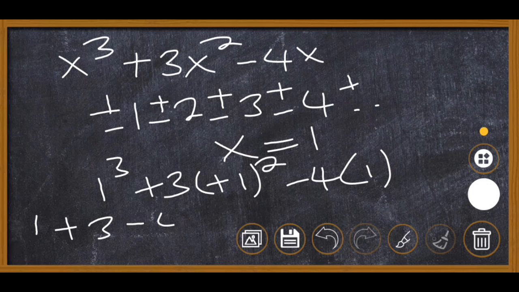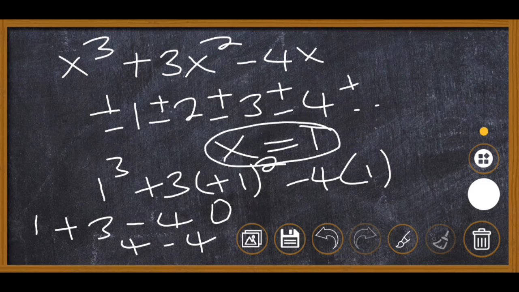So 1 plus 3 is 4, and then we have minus 4 here. So 4 minus 4 is 0. Since the value is 0, it implies that x equals 1 is a factor.